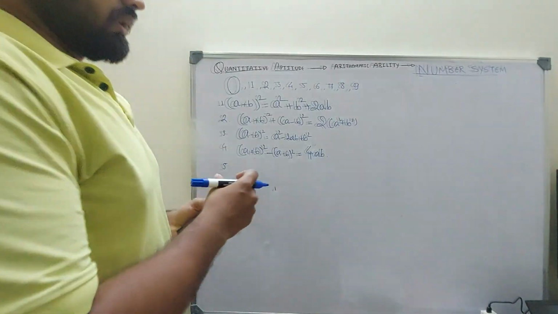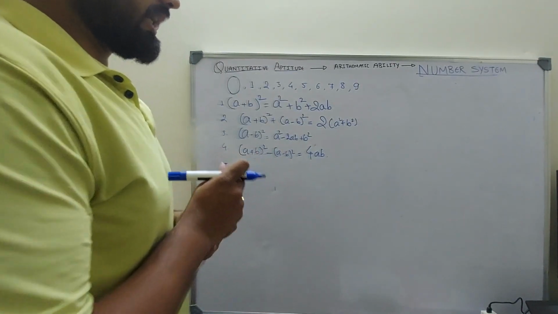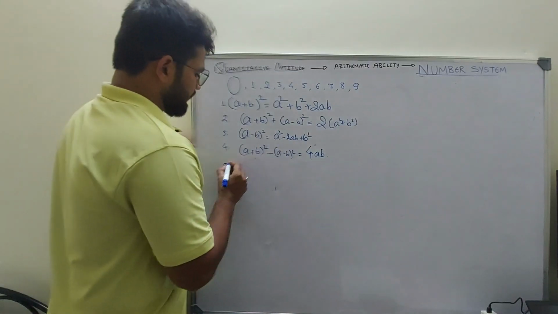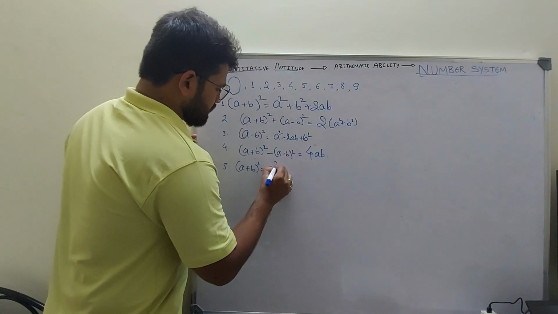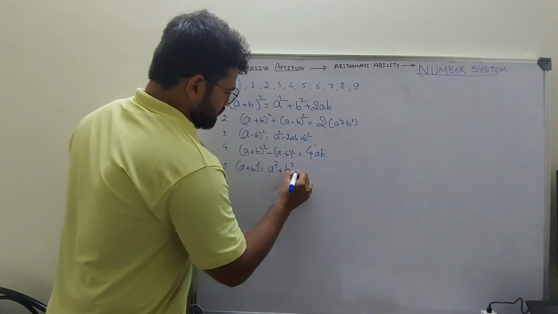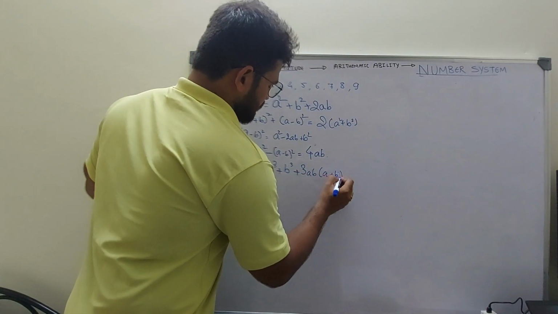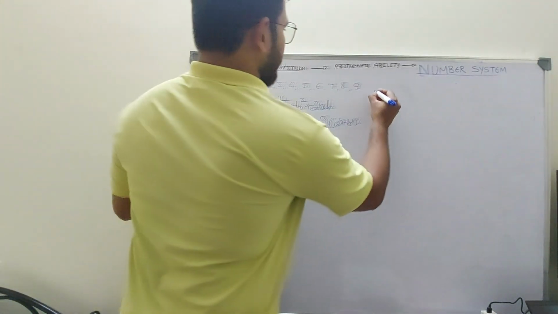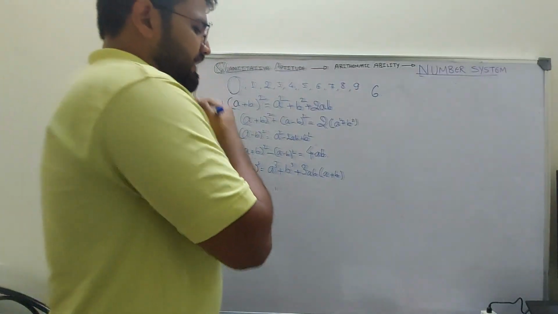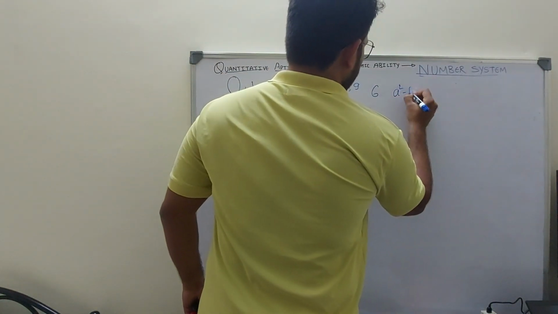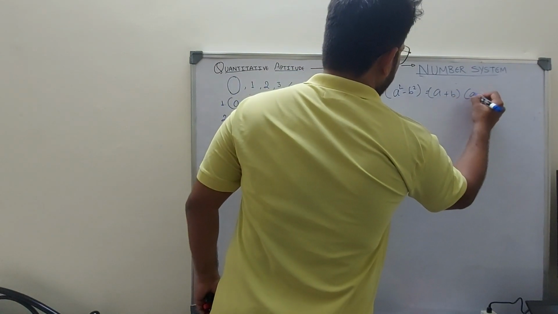Then the fifth is (a plus b) cube, which is equal to a cube plus b cube plus 3ab into (a plus b). Now the sixth formula is a square minus b square is equal to (a plus b) into (a minus b).